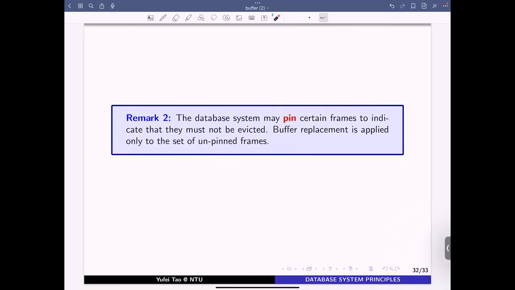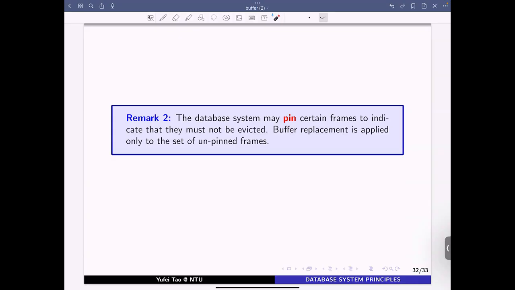The second remark is that there is some flexibility you can exercise in reality. Sometimes it makes sense to say some blocks are particularly important, so we don't want them to get removed. In this case, the database system pins those blocks in the buffer pool. When a block is pinned, it is not a candidate at all for replacement.